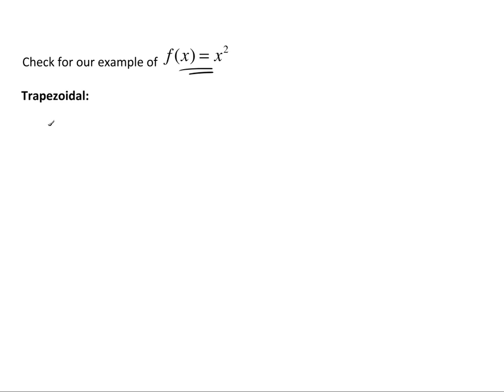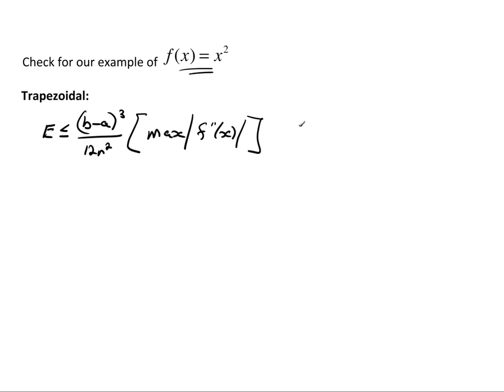Well, the maximum error will be less than or equal to (b minus a) quantity cubed over 12n squared multiplied by the maximum of the absolute value of f double prime of x over this interval from a to b. So I need to maximize the absolute value of the second derivative over a to b and try to figure out what that maximum value is.